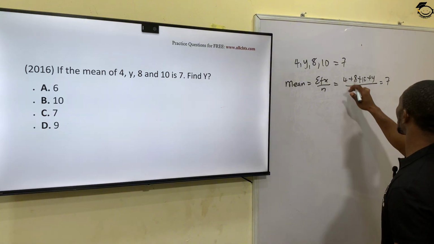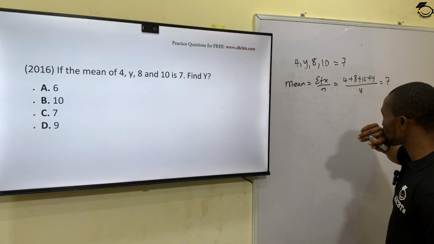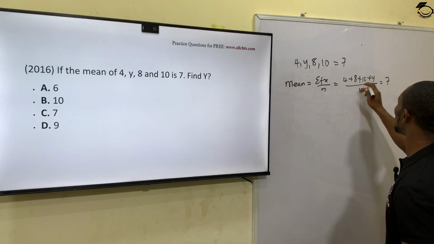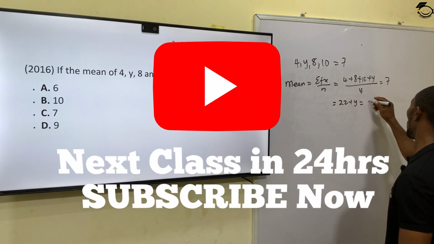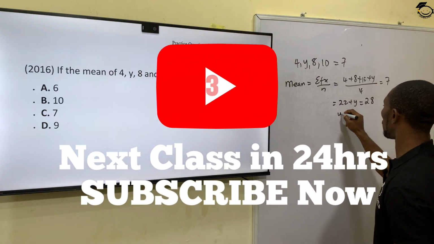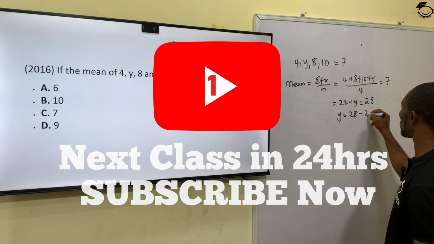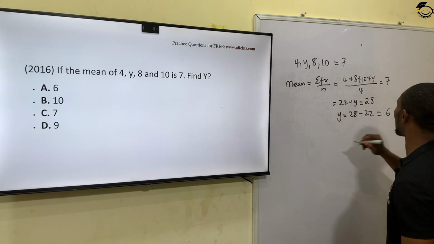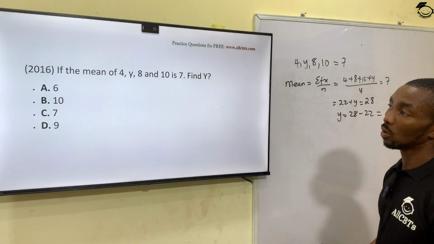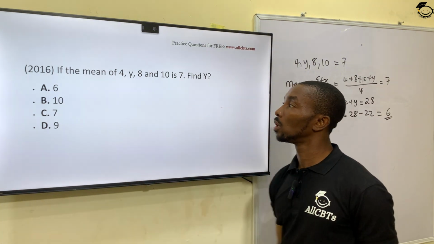Now, 4 plus 8, 12. 12 plus 10, 22. 22 plus y equals 7 times 4, 28. So y equals 28 minus 22, which gives us 6. So the value of y would be 6, which is our option A.